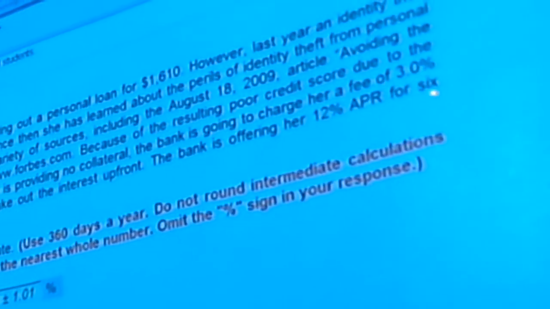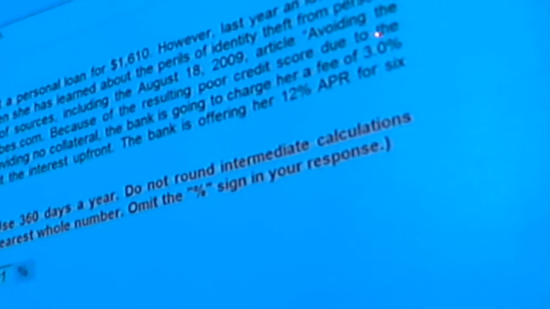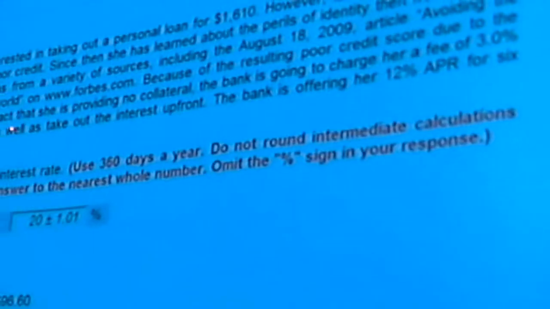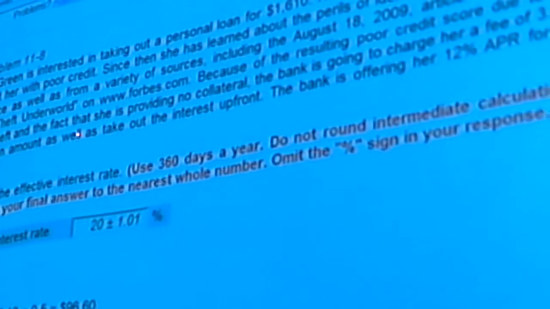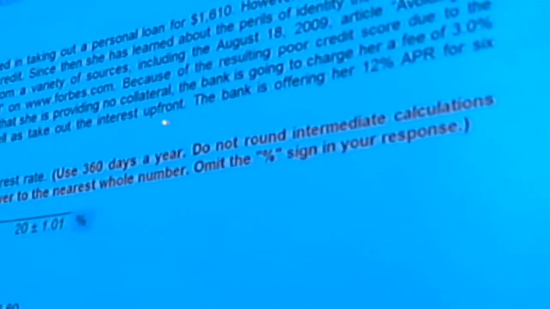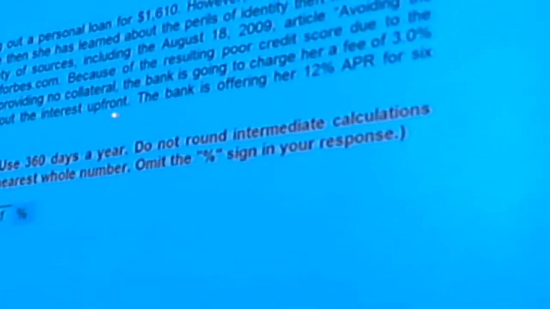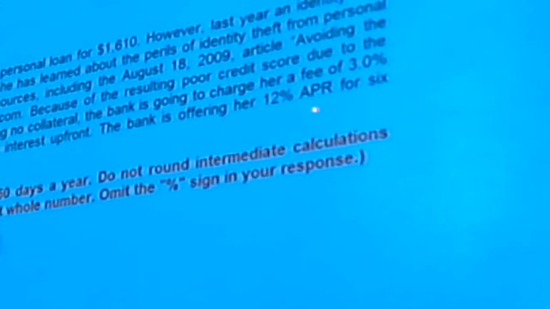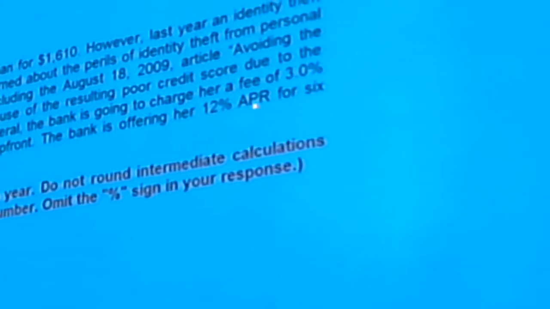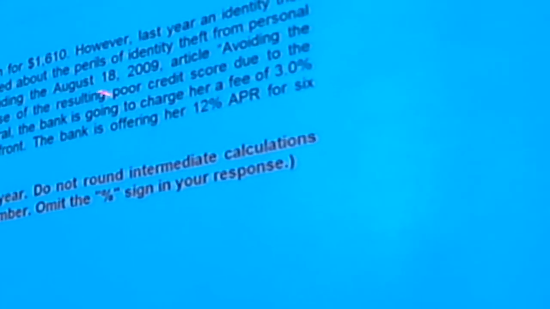Now, we never had this before. Pay close attention. Of 3% of the loan amount, as well as take the interest out up front. Okay? Now, the bank is offering her a 12% APR. Let's see what we need from here. We got the principal already. The 12%, where does that go? R. And then time, why is it 0.5?